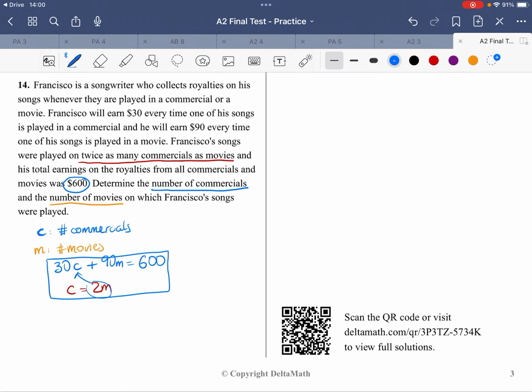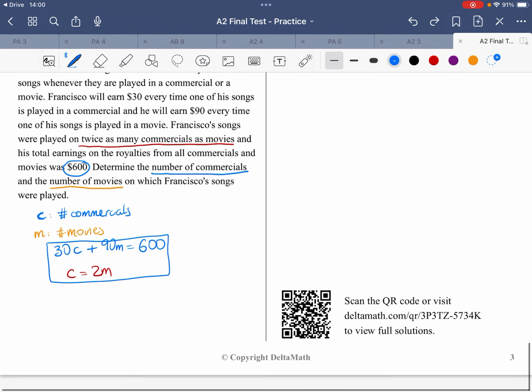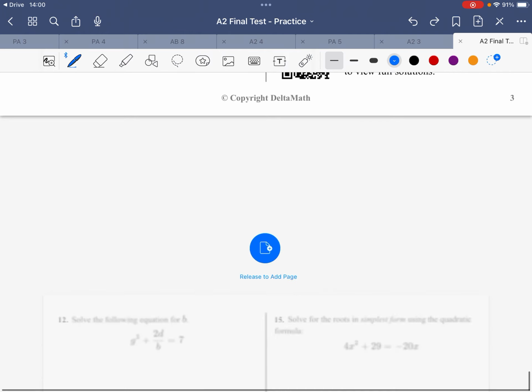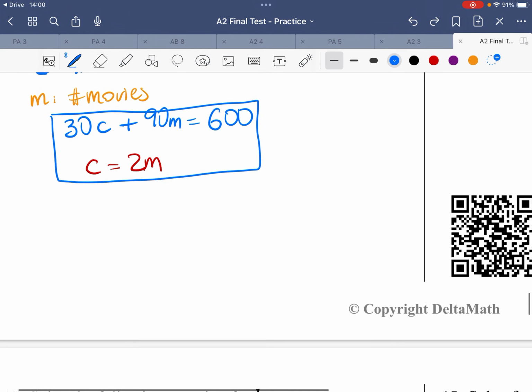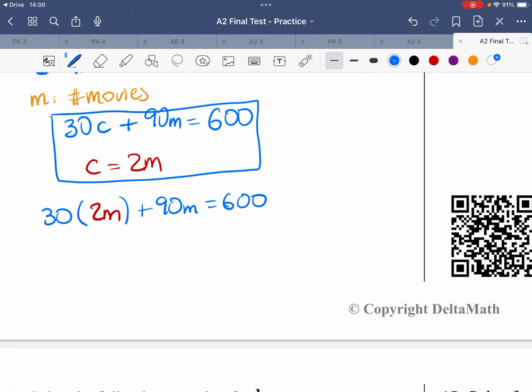And now to solve, it looks like we could just do substitution here. You can also do elimination if you prefer. Let me see if I can do it here. So when I substitute, wherever it says C, I'm going to write 2m. And then the rest of the equation remains.